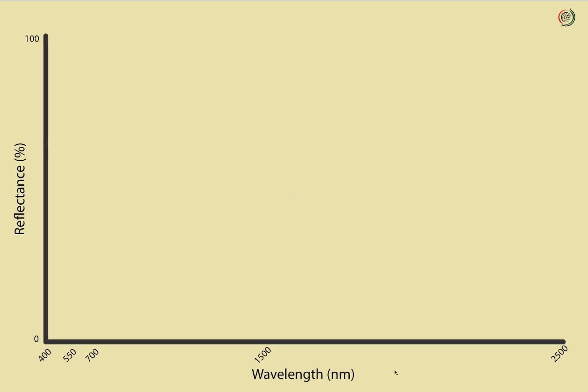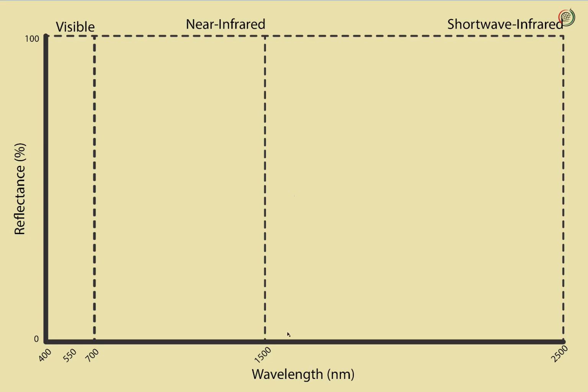For the purposes of this tutorial, we're going to distinguish between three components of the electromagnetic spectrum: visible, which we're able to see with our eyes, and near infrared and shortwave infrared, which are wavelengths we cannot see. The visible part of the spectrum is the easiest for us to interpret because it is the only part of the electromagnetic spectrum we are able to see with our naked eyes.